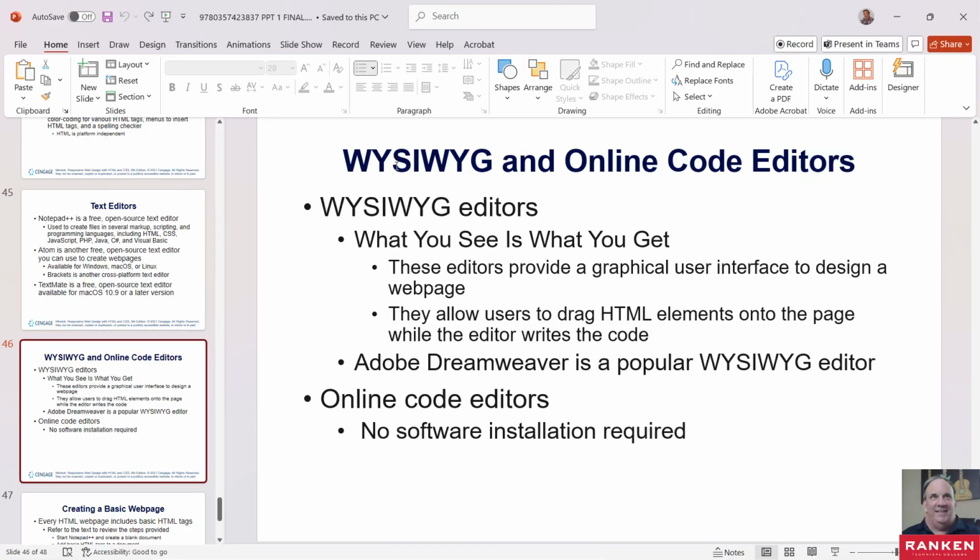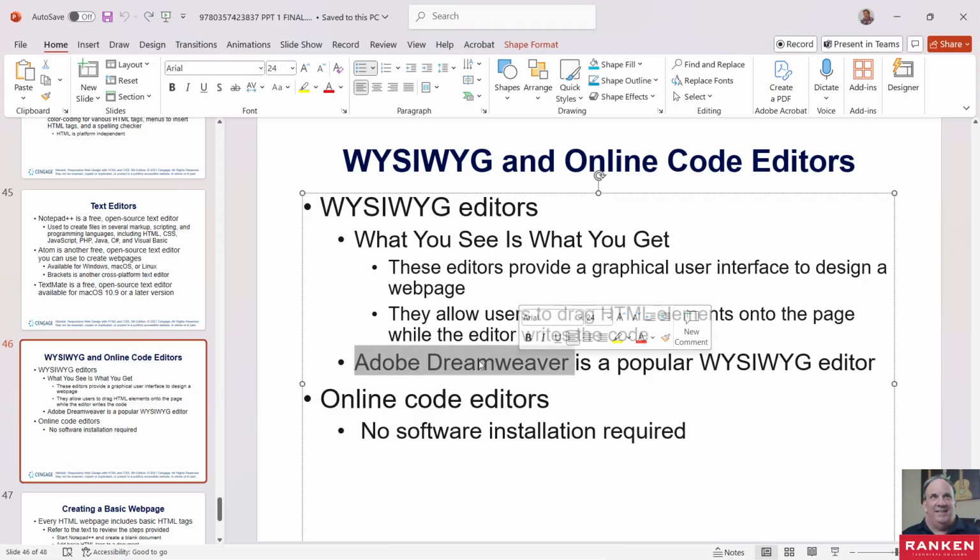WYSIWYG stands for what you see is what you get. I used Adobe Dreamweaver years ago. I haven't used it in years, but basically you can sit there looking at, say, a paragraph. You can just grab that paragraph and move it. Click and move, and you're just moving things around. It's what you see is what you get. You don't really have to know all about coding.